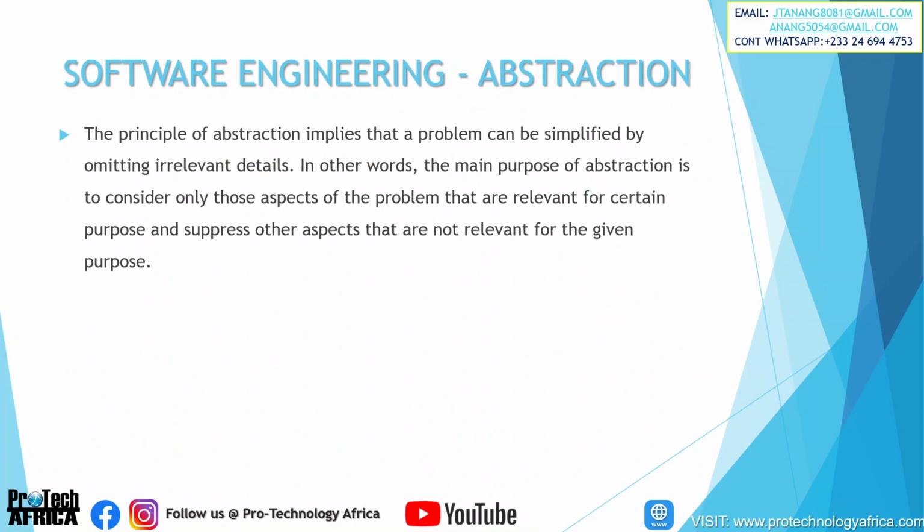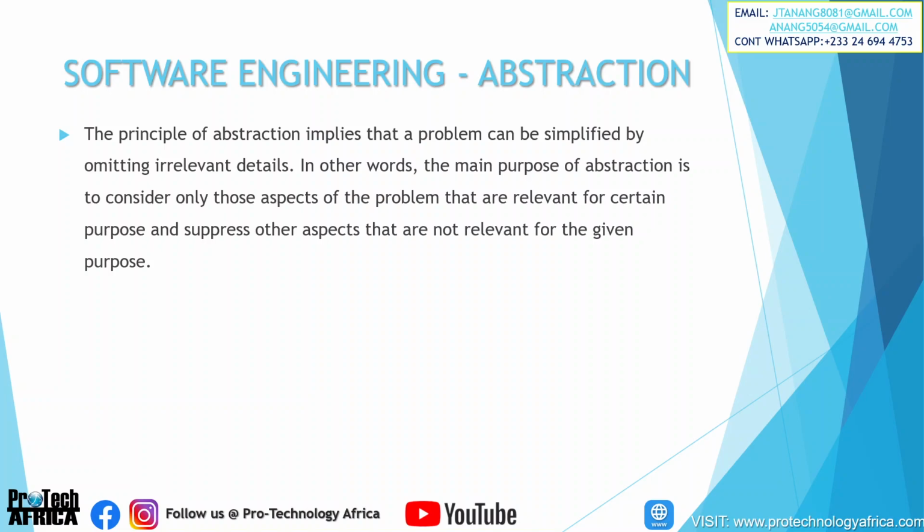Now, the principle of abstraction implies that a program can be simplified by omitting irrelevant details. In other words, the main purpose of abstraction is to consider only those aspects of the program that are relevant for a certain purpose and suppress other aspects that are not relevant for a given purpose.